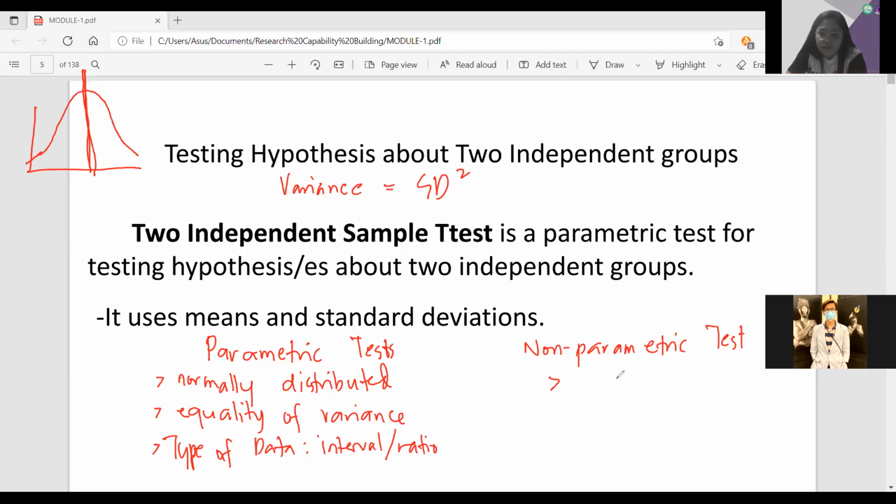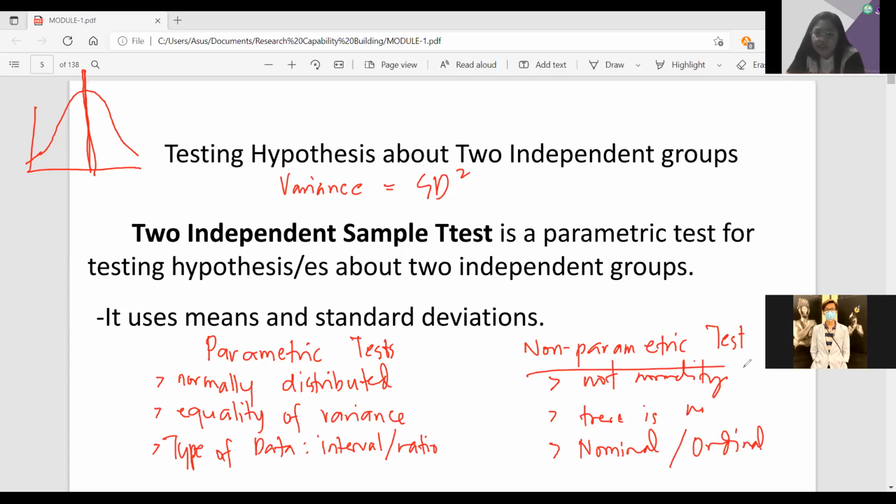Okay? So again, pag hindi yan na-fulfill, like not normally distributed yung data natin, and then there is no equality of variance, and then the type of data is either nominal or ordinal, dito tayo sa non-parametric test.